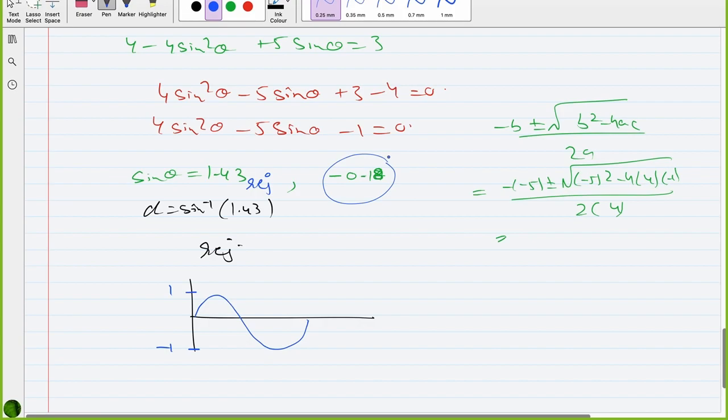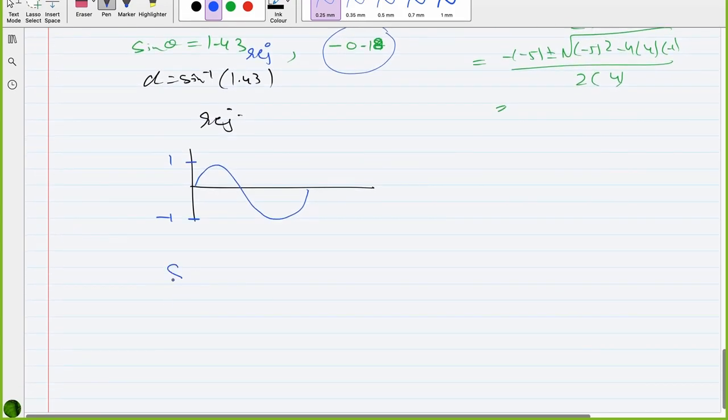We solve for only sine theta is equal to negative 0.18, and we always solve with the positive number for the basic angle. Basic angle is equal to sine inverse of 0.18, that is 10.36, so approximately equal to 10.4 degrees.